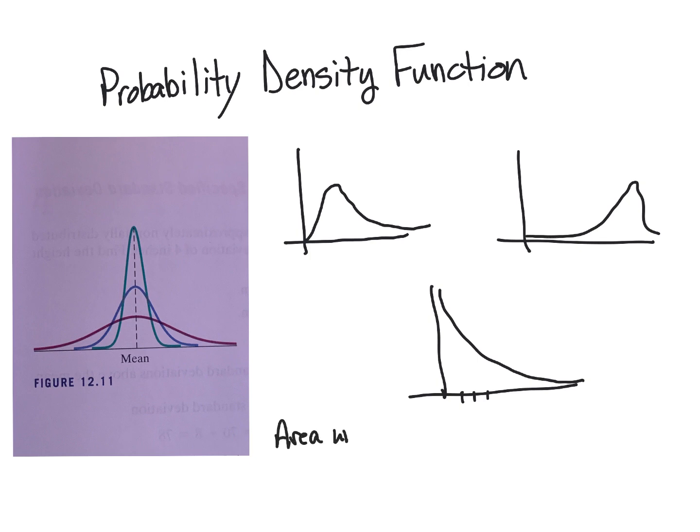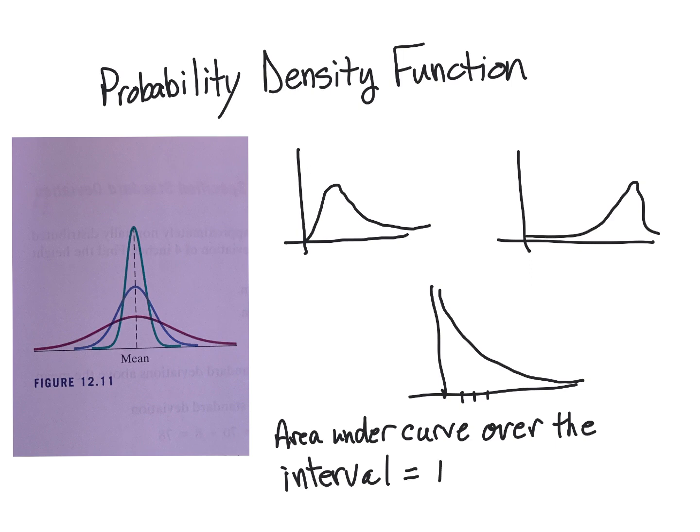The point of it, what makes these all probability density functions, is that the area under the curve over the whole interval is 100% because it's the sum of all the probabilities of all the possible outcomes, and it should be 100%, so the area should equal exactly 1.